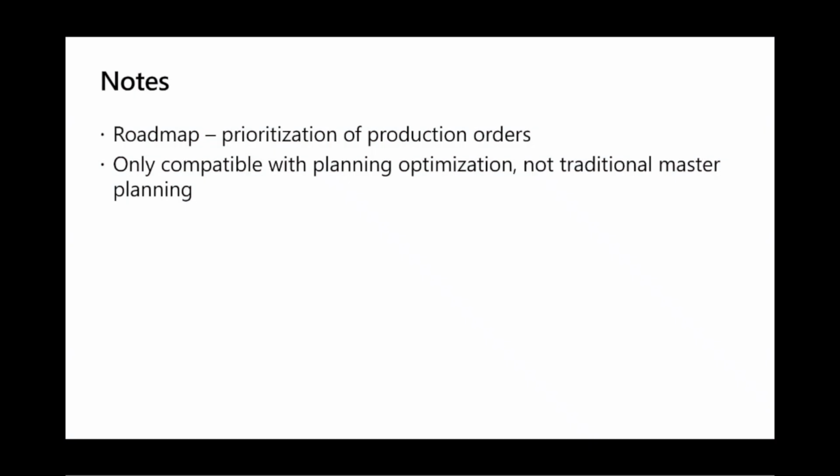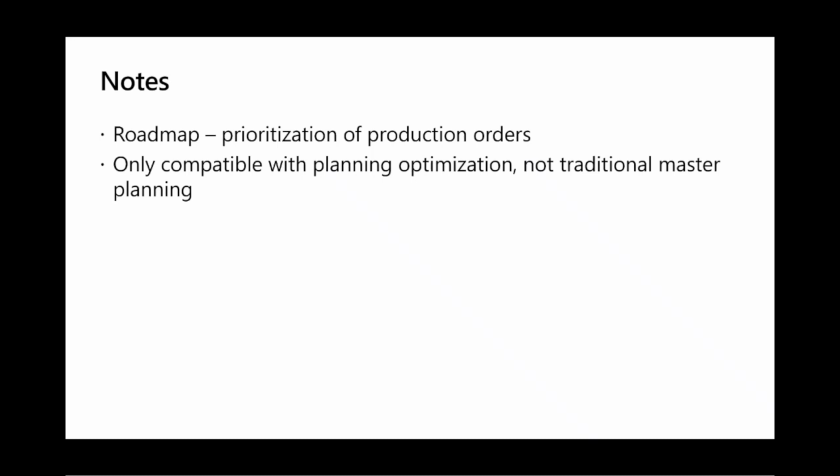Now let's talk about a couple notes to keep in mind if you're going to test or implement this functionality. You'll notice that we did not talk about production orders in this Tech Talk. That is not functionality that's available with the preview that's currently out to be used, but it is something that's on the roadmap, so it'll be coming.